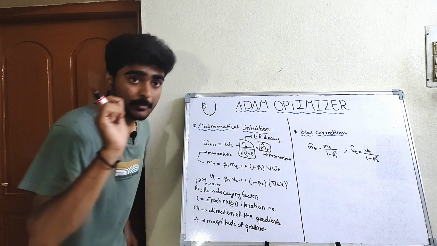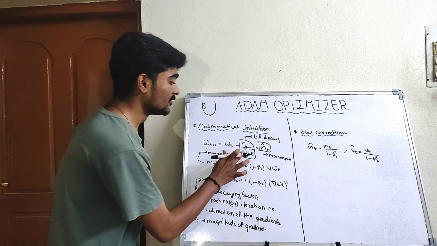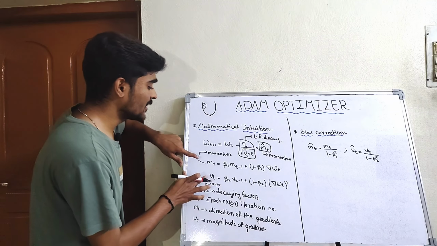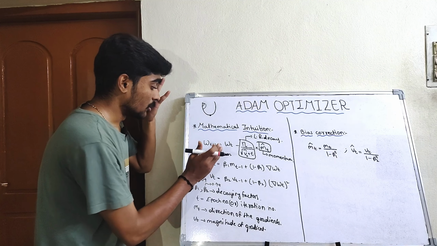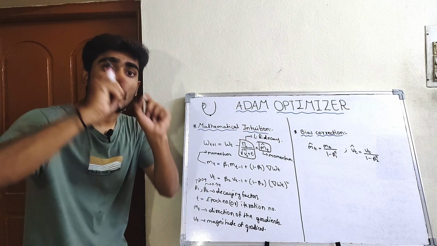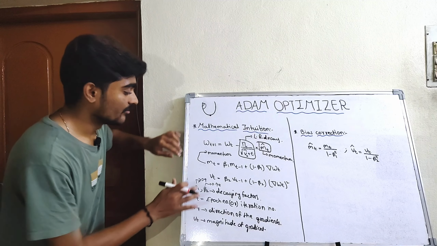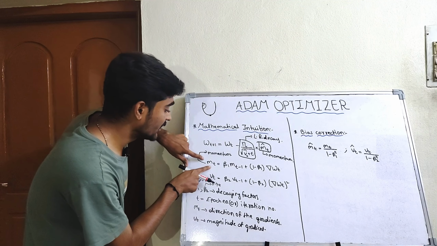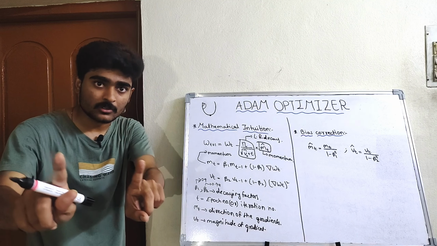Now you may have a doubt that in this formula we have actually used v cap of t and m cap of t, so why are we calculating mt and vt? The mt term and vt term are calculated first, and then bias correction is applied.